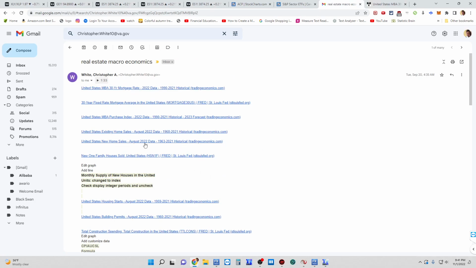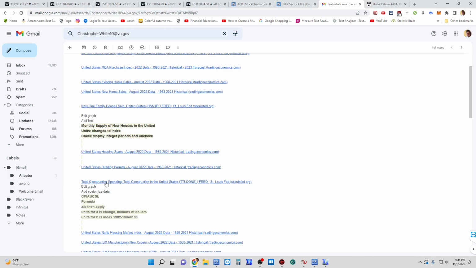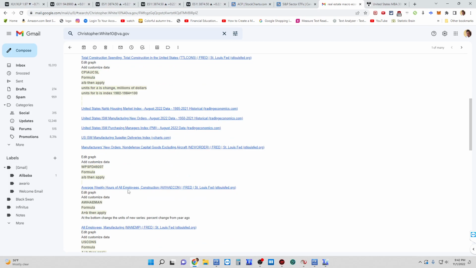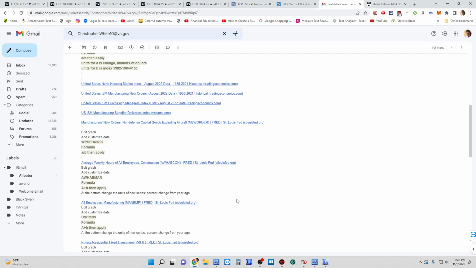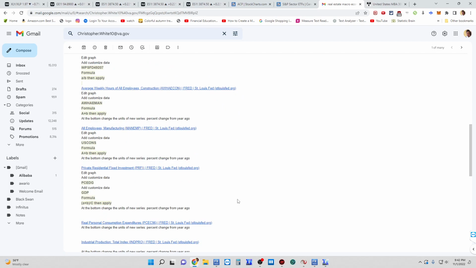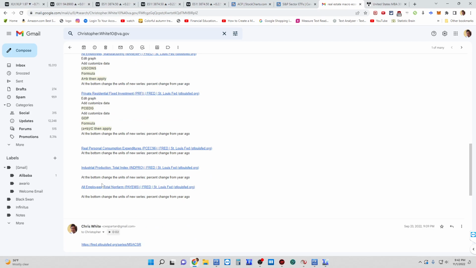Existing home sales, new one-family houses sold, housing starts, housing building permits, construction total spending, the manufacturing orders, supplier deliveries, purchasing managers index, PMI, the average weekly hours of all employees, construction, manufacturing, private residential fixed investment, real personal consumption expenditures, all non-farm payrolls, all the way down to income.